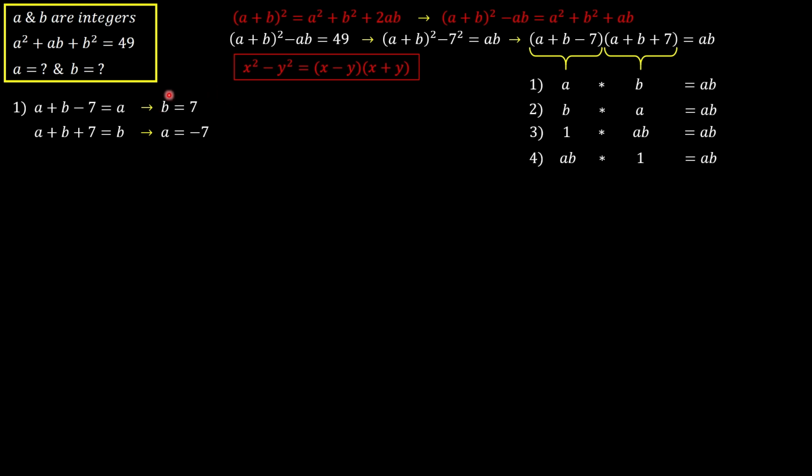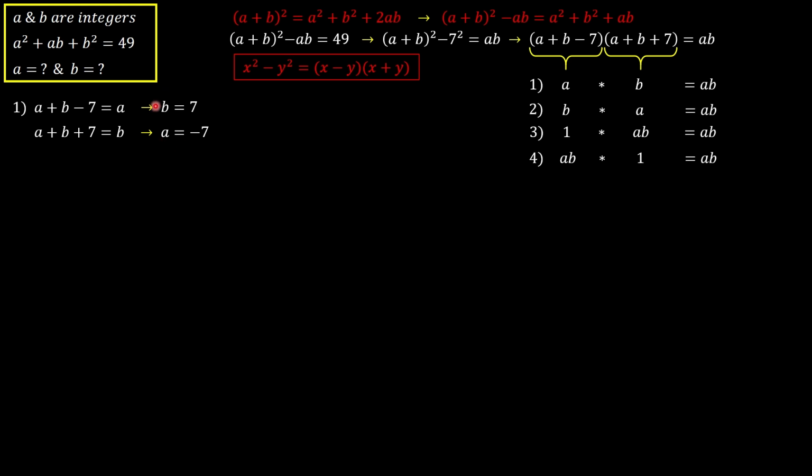So let's check this answer. If we put minus 7 instead of a, we'll get 49 here. Then here we'll get minus 7 multiplied by 7, it will be minus 49. So this 49 and this minus 49 will be 0. And b squared will be 49.